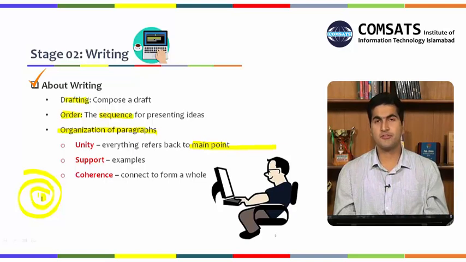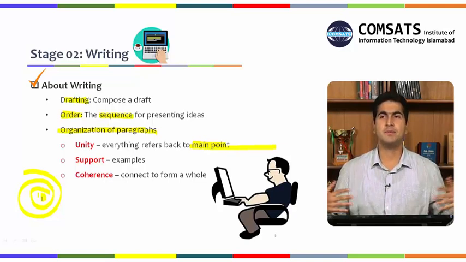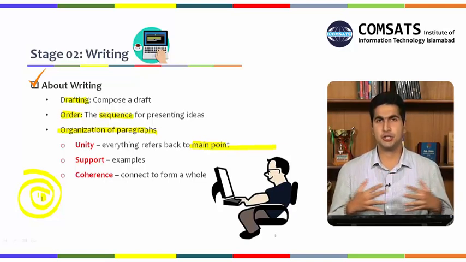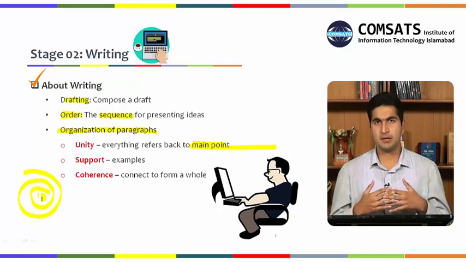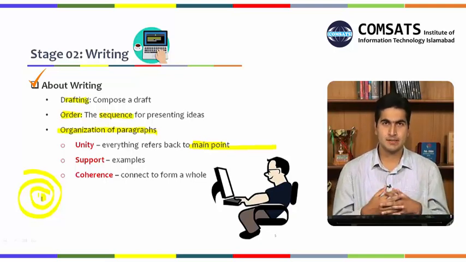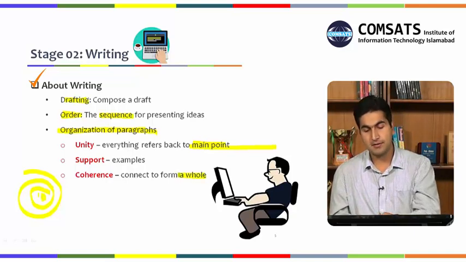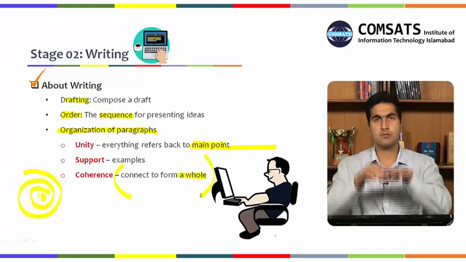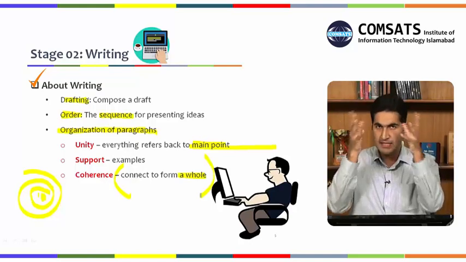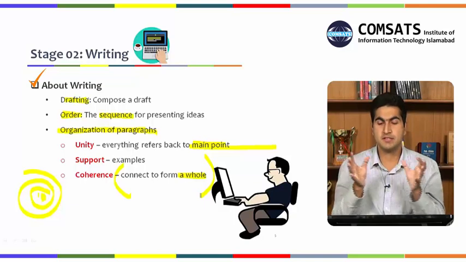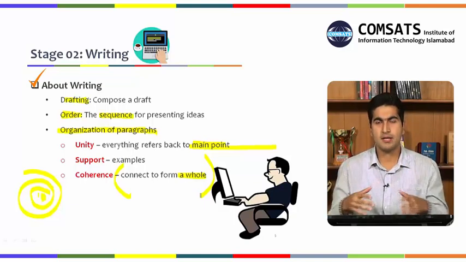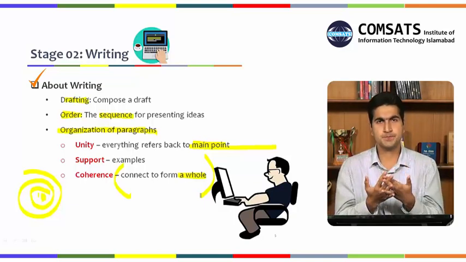Whereas coherence is the logical connection which is developing between sentences, forming a whole. That's why I have written over here that everything is connected to form a whole. So you can say that it's basically a single form which is forming a draft, directly linked together.